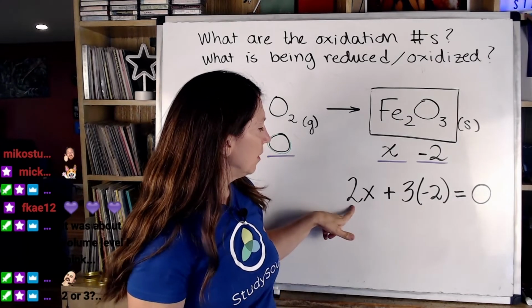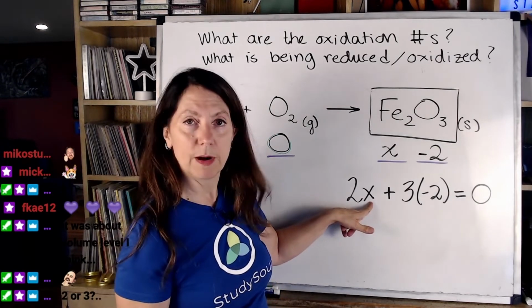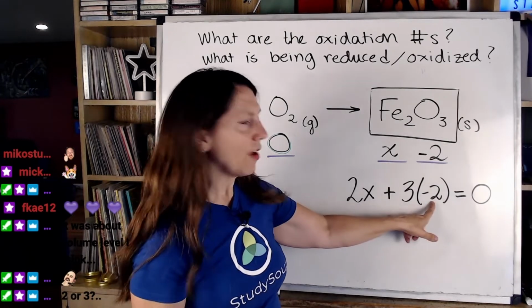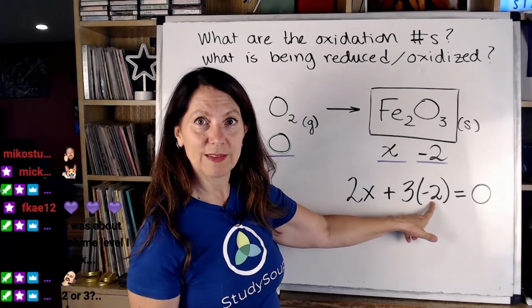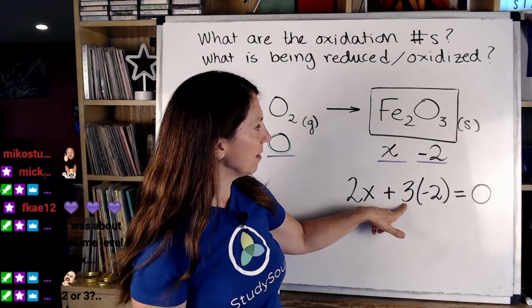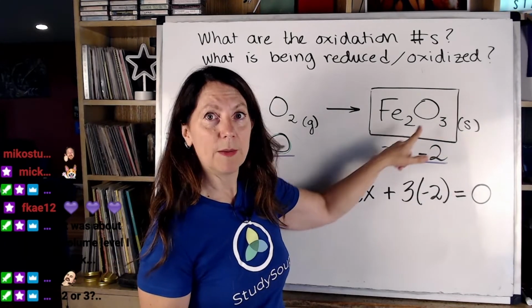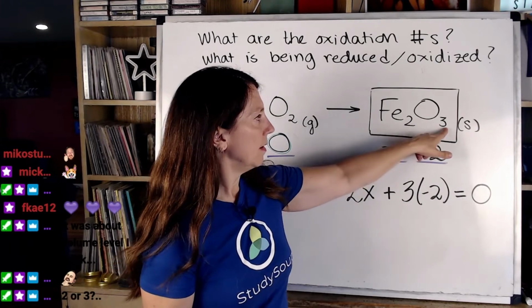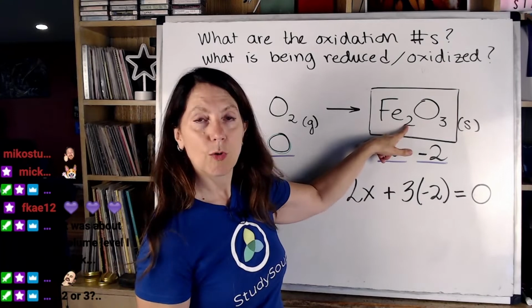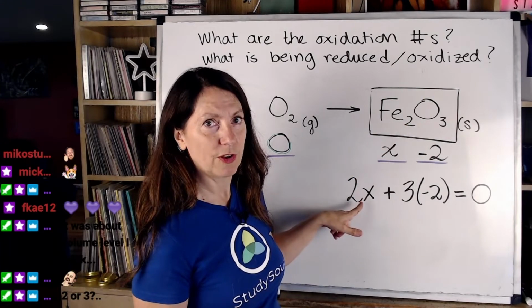Okay, so this is the oxidation number of iron that we're going to try to figure out. There's the oxidation number of oxygen that we did figure out by looking at the periodic table. And these values here, these just come from the formula itself. How many oxygens there are for how many irons there are.